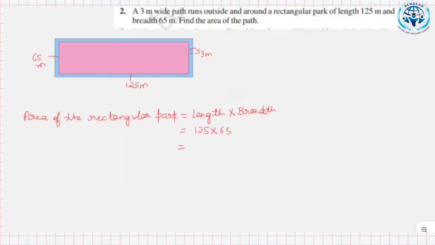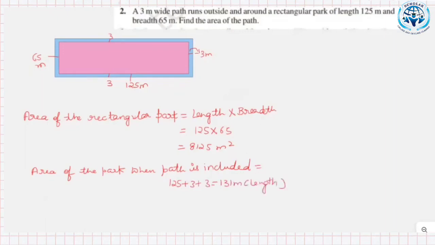Again, the area including the path, which we will get by adding 3 meter and 3 meter both sides to length and breadth. 131 into 71 is equal to 9301 meters square.